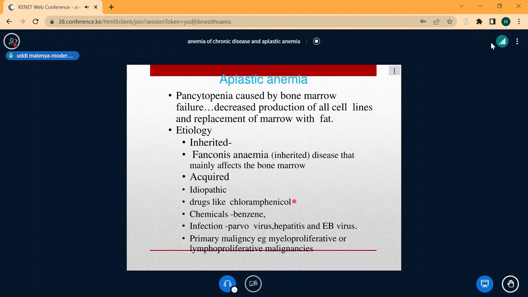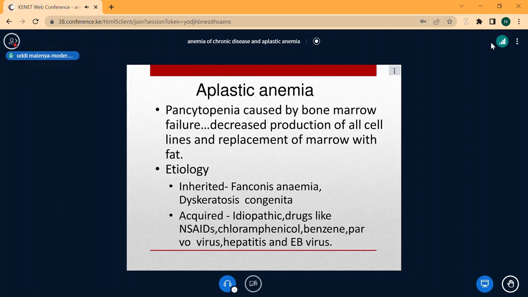Chemicals such as benzene, and infections such as viruses, here we have hepatitis and Epstein-Barr virus, and of course primary malignancies, myeloproliferative or lymphoproliferative disorders. I hope we will have time to cover the myeloproliferative and lymphoproliferative disorders.